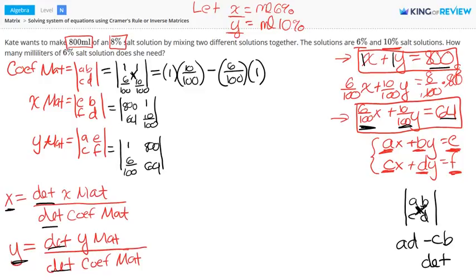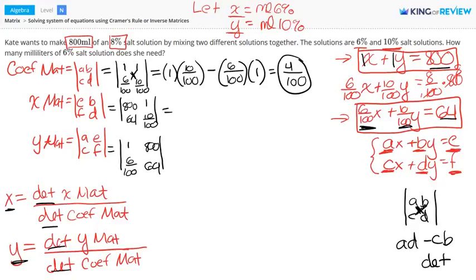So we have 1 times 10 over 100 minus 6 over 100 times 1. And when we work this out, this is equal to 4 over 100. So that's the determinant of the coefficient matrix.